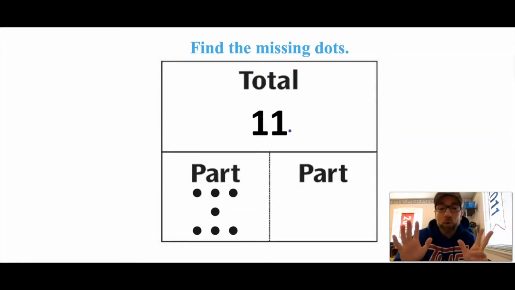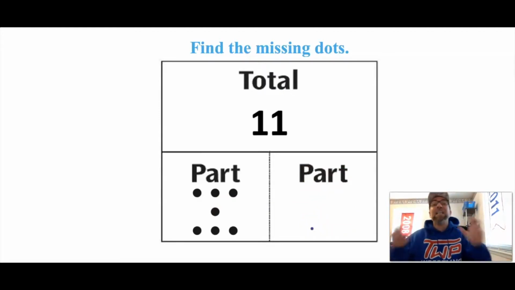Now, my total is 11. That means I need 11 dots. So far, I have this many dots. How many more dots do I need to get to 11 total? All right, hopefully everybody has their answer.